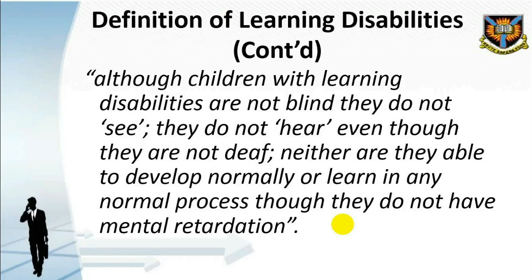Definition by NJCLD. NJCLD defined learning disability as a general term that refers to a heterogeneous group of disorders manifested by significant difficulties in the acquisition and use of listening, speaking, reading, writing, reasoning, or mathematical abilities.